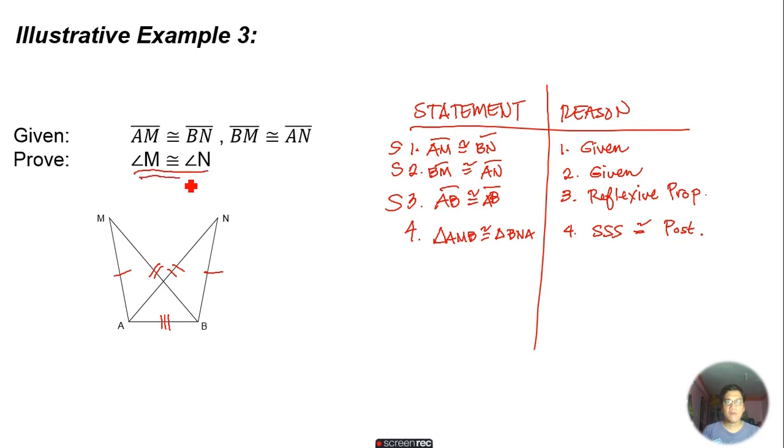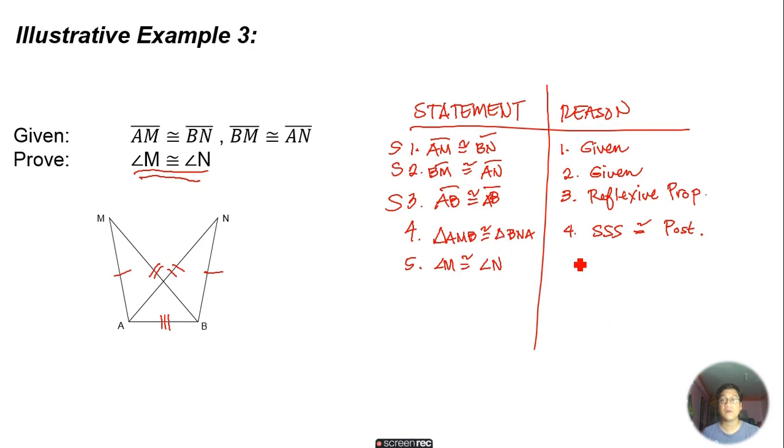Now, the proof statement is this one: prove that angle M is congruent to angle N. Because we have proven that the triangles are congruent, we can say that, number 5, angle M is congruent to angle N. Following the rule that the two triangles are congruent, all corresponding sides and corresponding angles are also congruent.